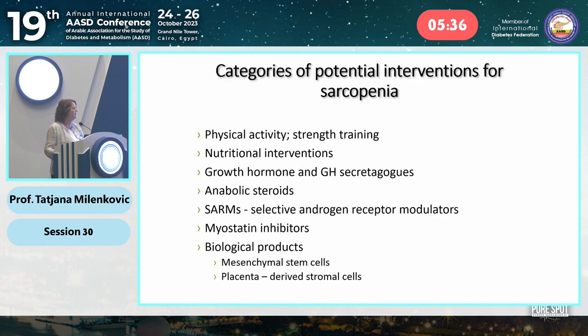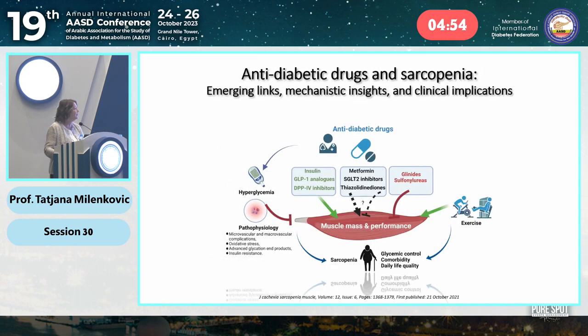So there are some categories of potential intervention that are beneficial in patients with sarcopenia, like physical activity, strength training especially, and some nutritional intervention. It was suggested growth hormone and secretagogues, then anabolic steroids, selective androgen receptor modulators, myostatin inhibitors, some biological products like mesenchymal stem cells and placenta-derived stromal cells. These are all more or less in experimental stage.